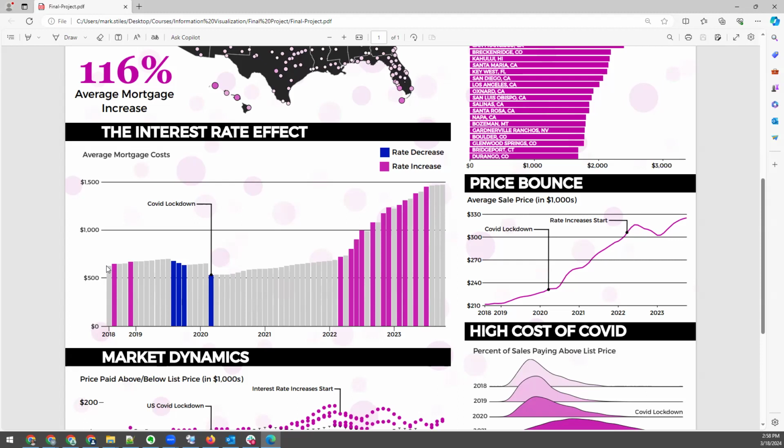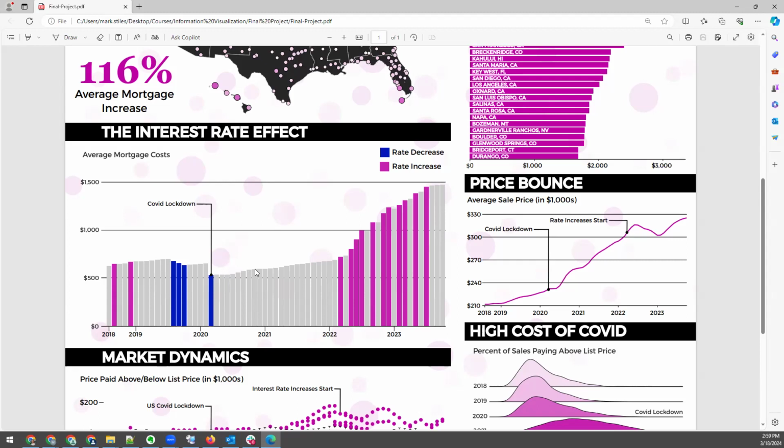Originally here around $550, $600 a month, and then a subtle increase, and you see it go up, another increase, and over time you're going to see it go up just because of inflation. Then 3 decreases, you see it go down, slowly rise because of inflation. And then at the point of the COVID lockdown, they decreased the interest rate to help homeowners with the ongoing costs of the lockdown.